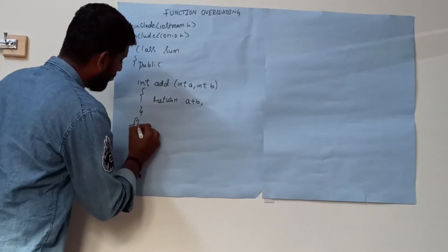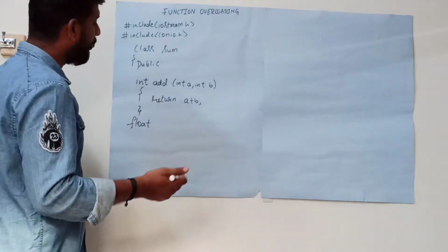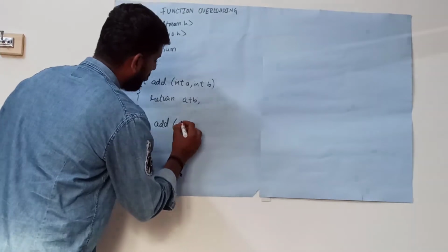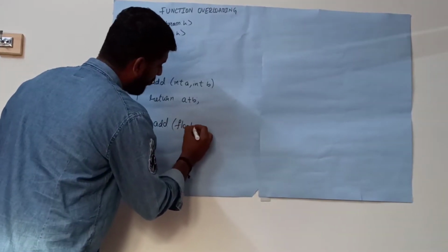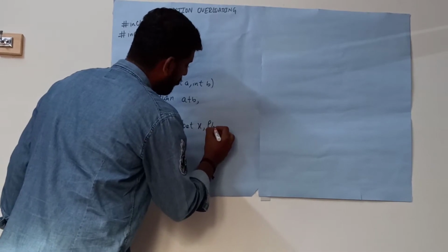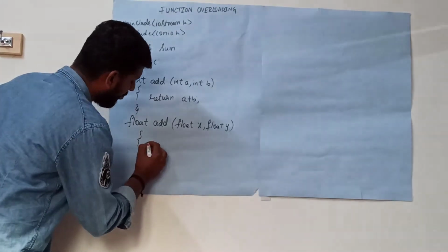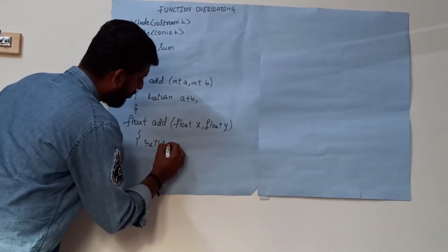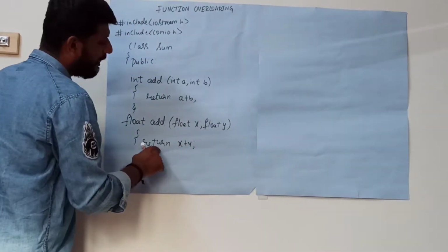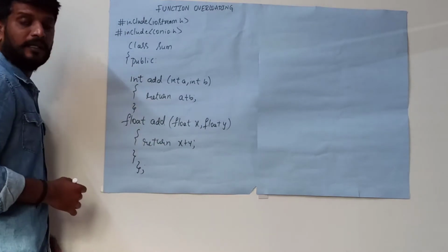Next we go for the second function that will add two decimal or floating point values, float add. Here it will take two arguments of type float only, float x, float y. This function will add the values of x and y and return that value, and I am closing this class.